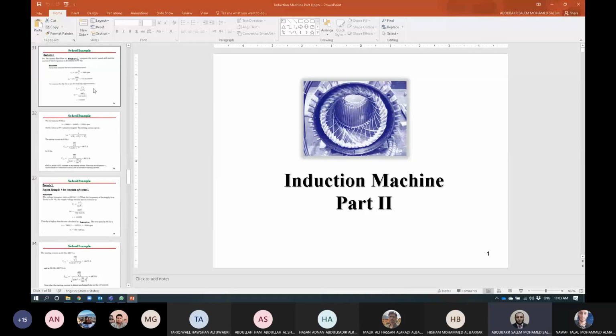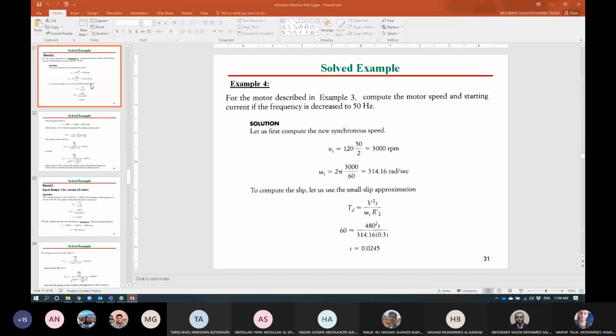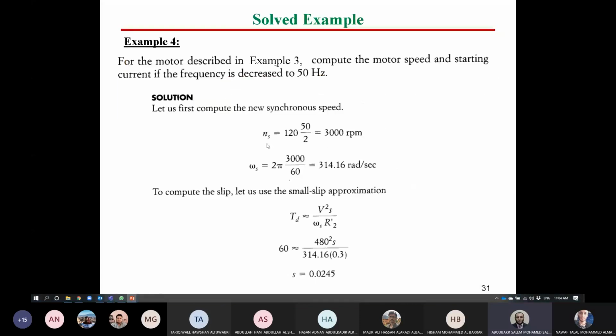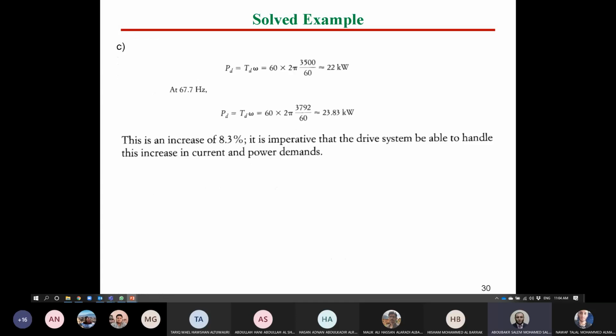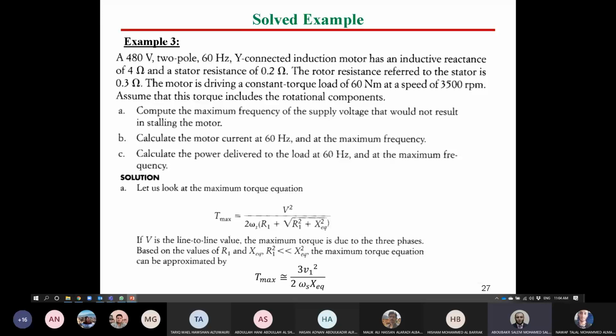Here, we solved an example and we asked you to prepare this one. In this example, for the motor described in example number 3, let's have a look at the nameplate data in example number 3.